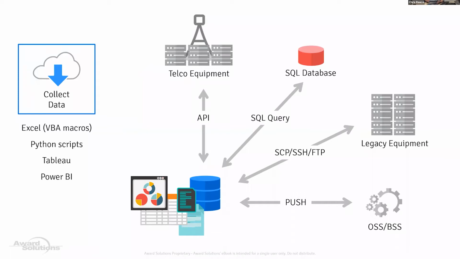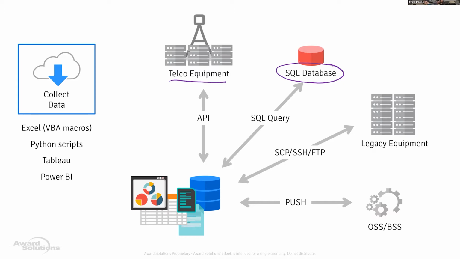So let's think first about the different types of sources of data that we might have. We might have our traditional telecom equipment. And as we think about this traditional telecom equipment, we need to think about, is it modern equipment or is it older equipment that we may have to get this in different ways? Maybe we're pulling data from an SQL database.